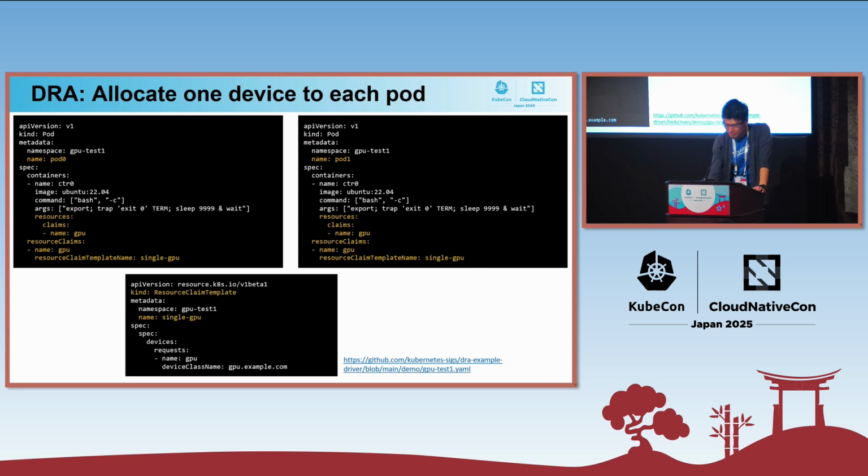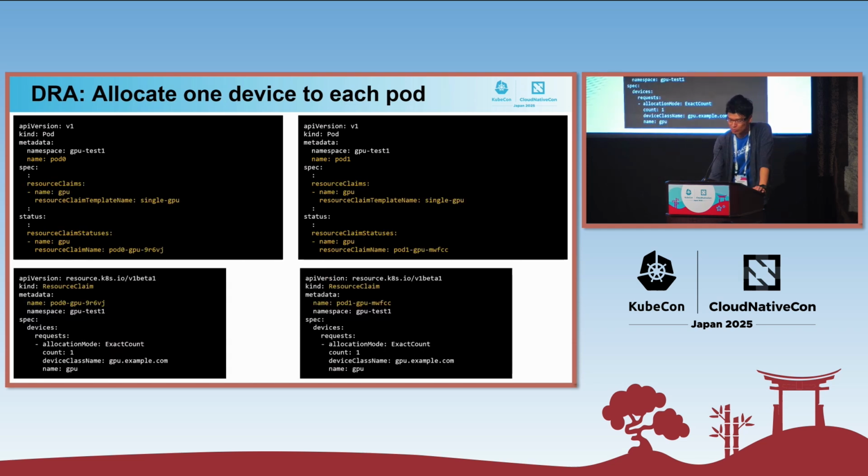The pods point to one resource claim template as a resource claim. When these pods are created, two resource claims are created from the resource claim template by the controller. So different devices are allocated to the pods. These created resource claims can be seen in the pod status.